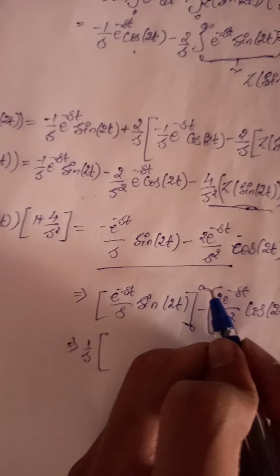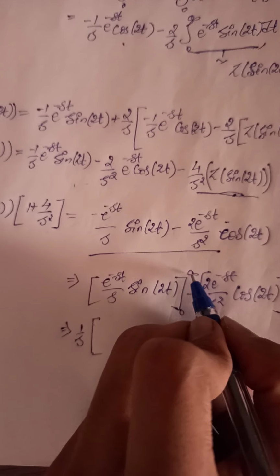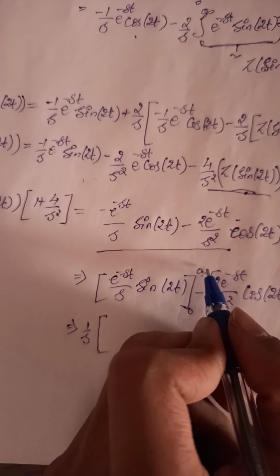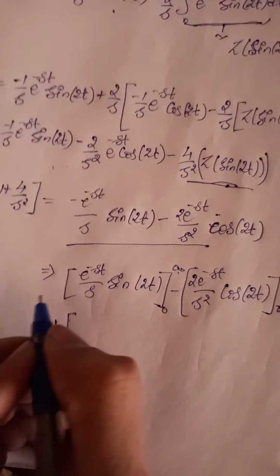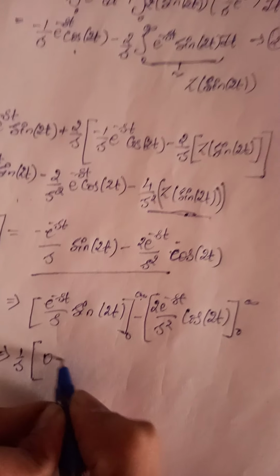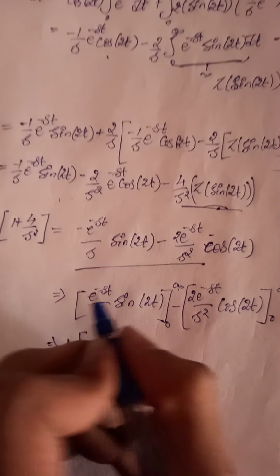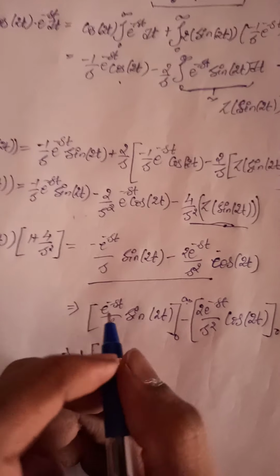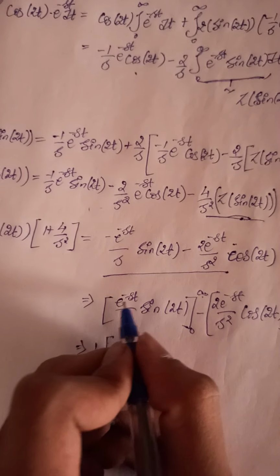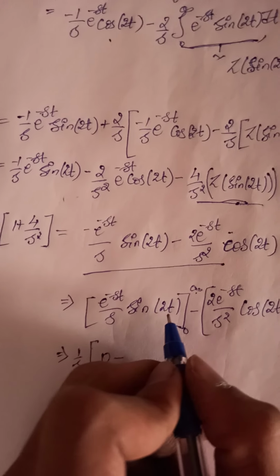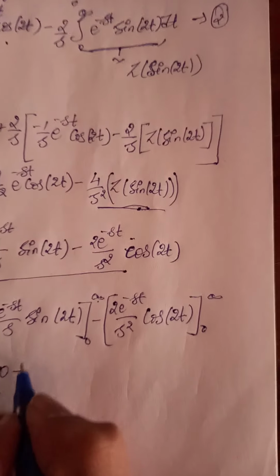Now applying infinity, substituting infinity in place of t, we get 0, as well as we get 0 here for this term. Substituting 0 in place of t, we get the sine term as 0.